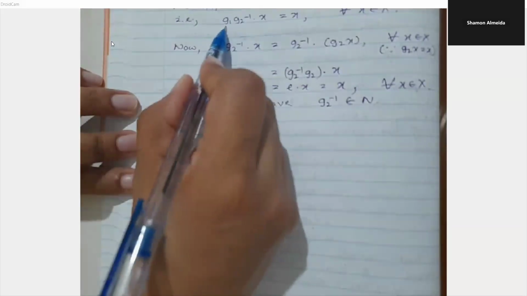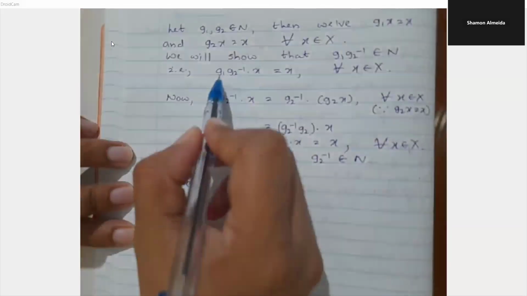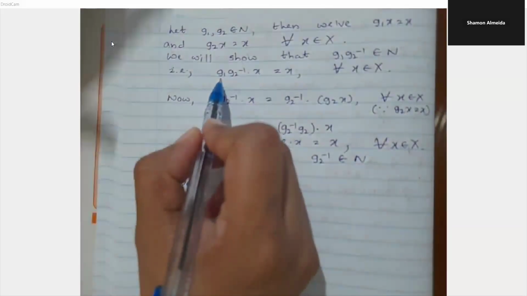Now, let's go back to this one. Let's calculate G1, G2 inverse and start with the left-hand side.